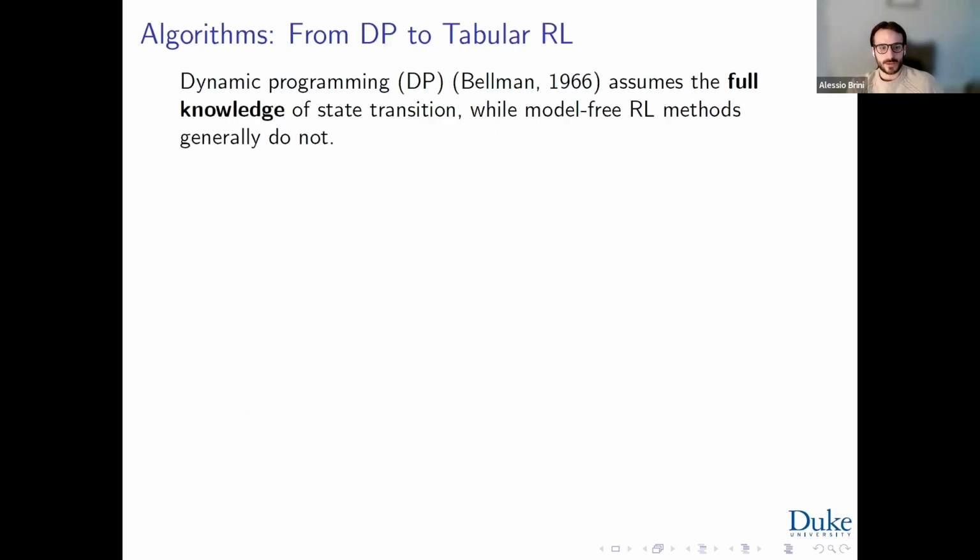And this can be true when you solve very simple environments where you actually know the physics if you're trying to solve a robotics problem, so you know exactly what is going to happen if you execute a certain action.